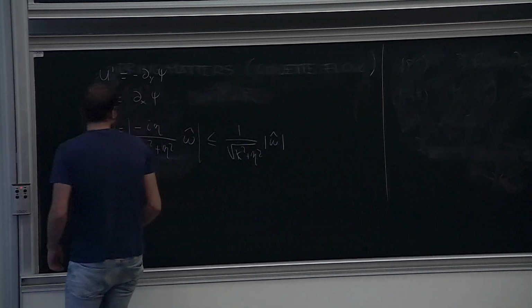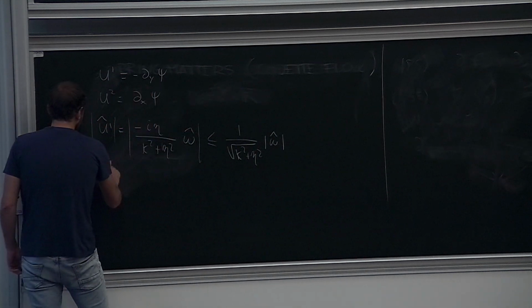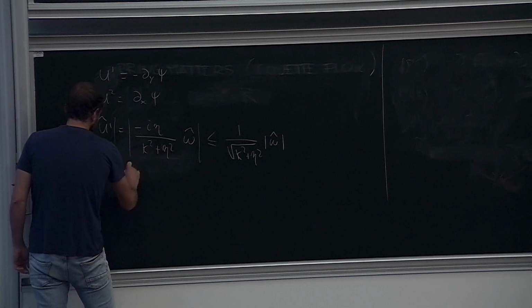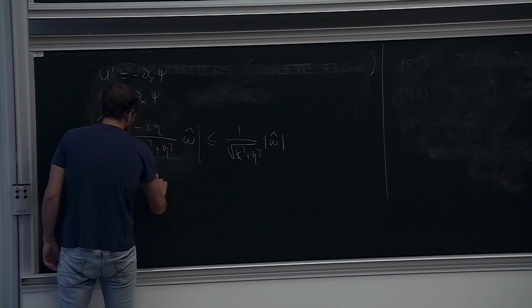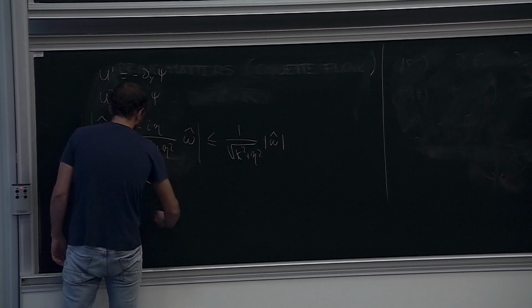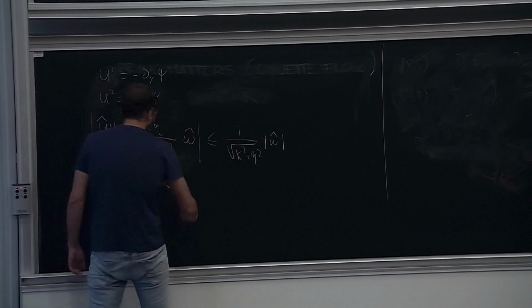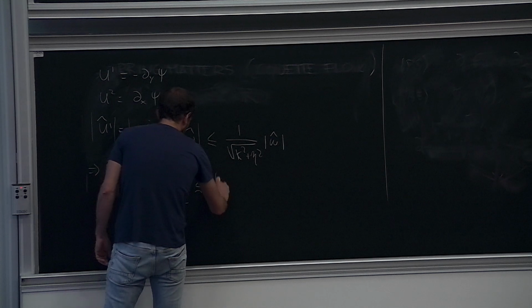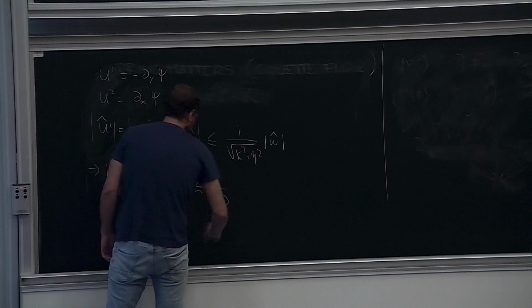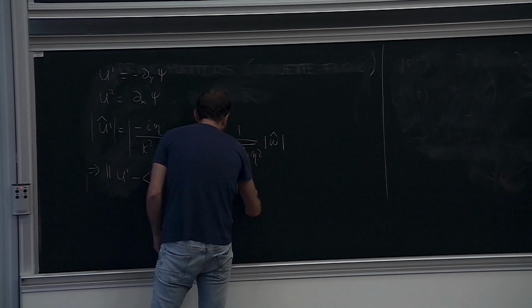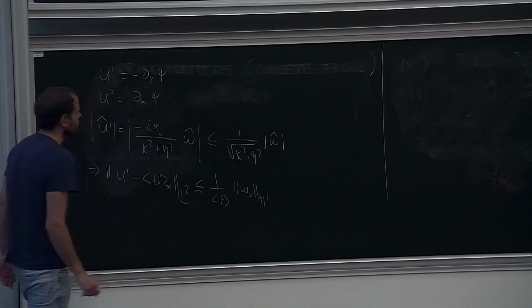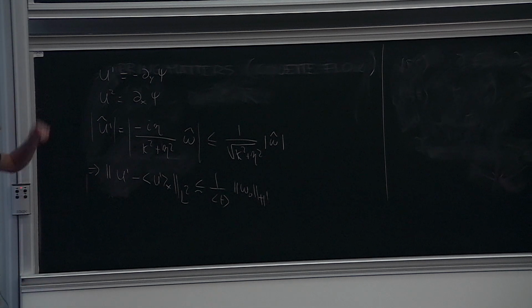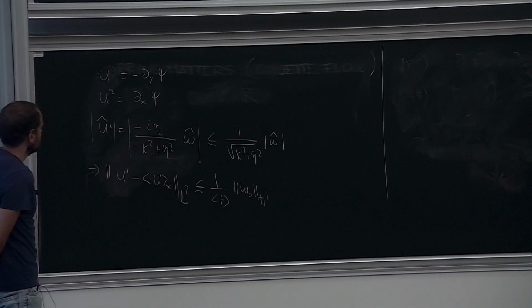So in the end, this will tell you that U1 in L2, minus its x average, will decay like 1 over t. And here there is some norm of the initial vorticity, let's say H1, because I'm doing exactly like that.